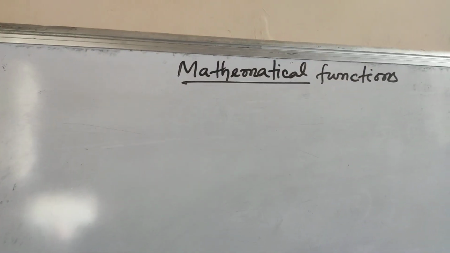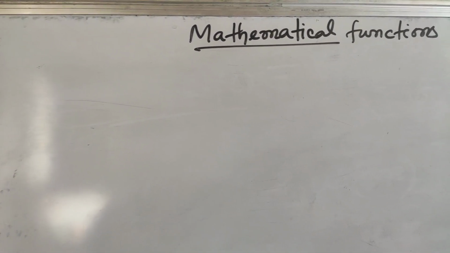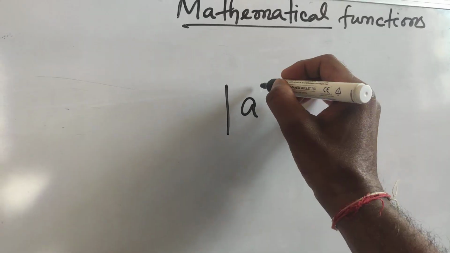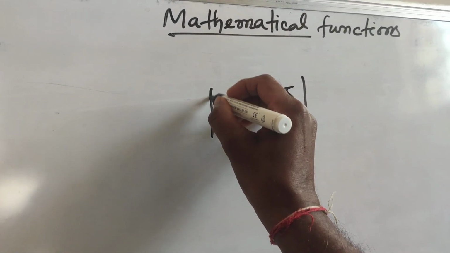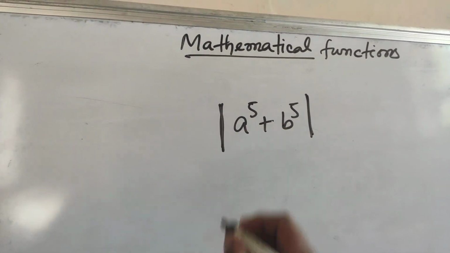Now see, with the help of mathematical functions, in the Java language we need to write expressions. That is called a Java expression. Suppose a to the power 5 plus b to the power 5, if it is like that. When you see this type of bar, that is for abs.